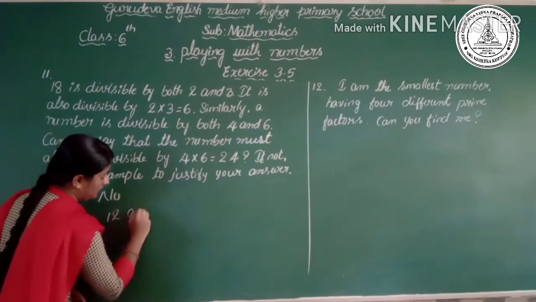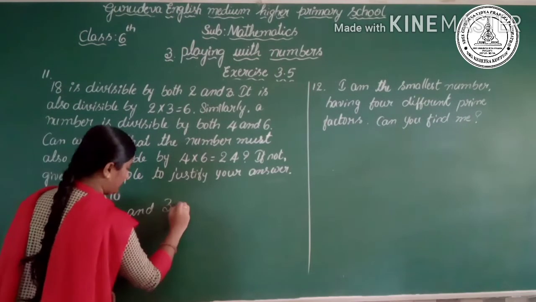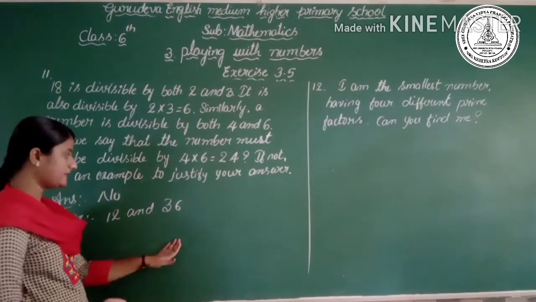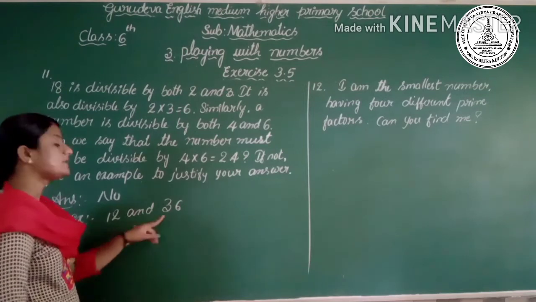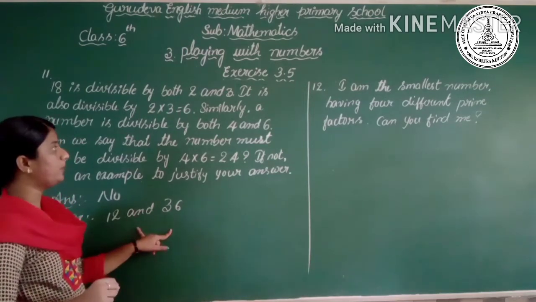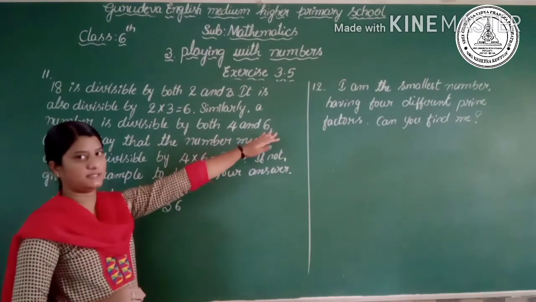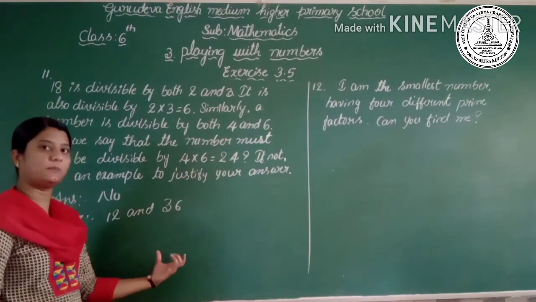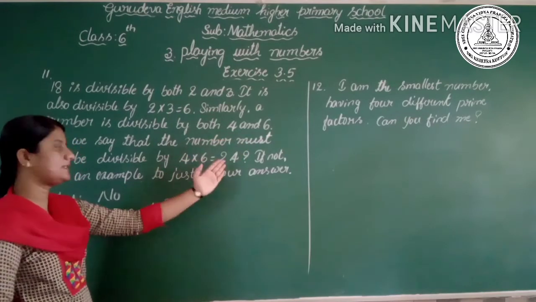12 and 36. Yes, 12 and 36 are the two numbers. These two numbers are divisible by both 4 and 6, but these two numbers are not divisible by the product of 4 and 6, 24.